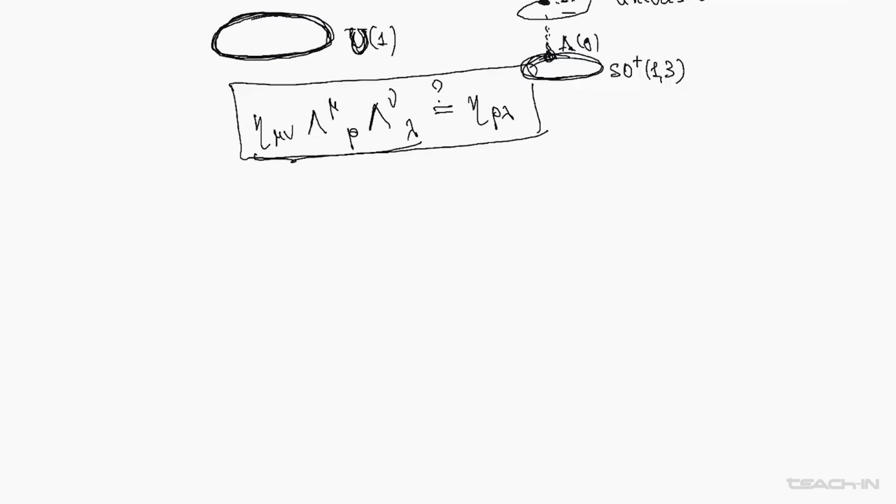When your background is not flat like Minkowski space, so you consider quantum particles not in Minkowski space but, say, in the background of a black hole, this means a very curved spacetime.